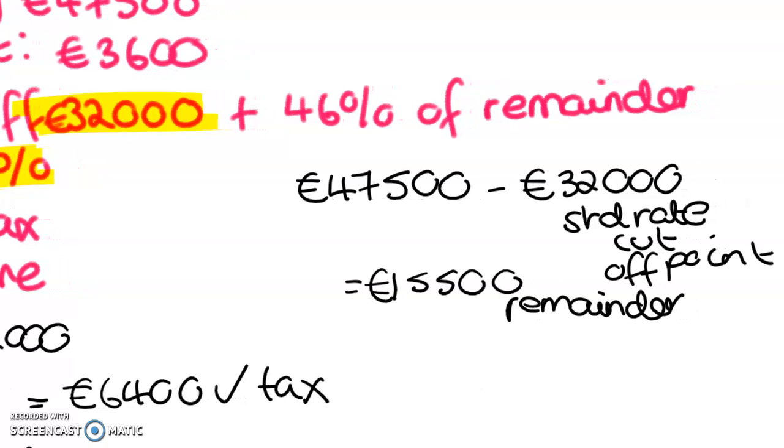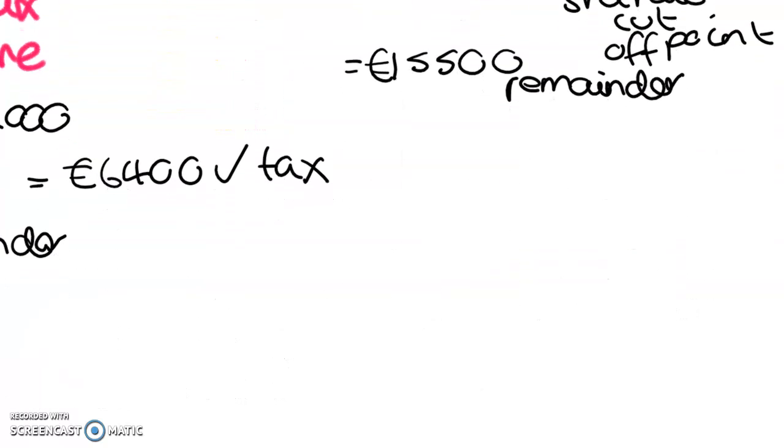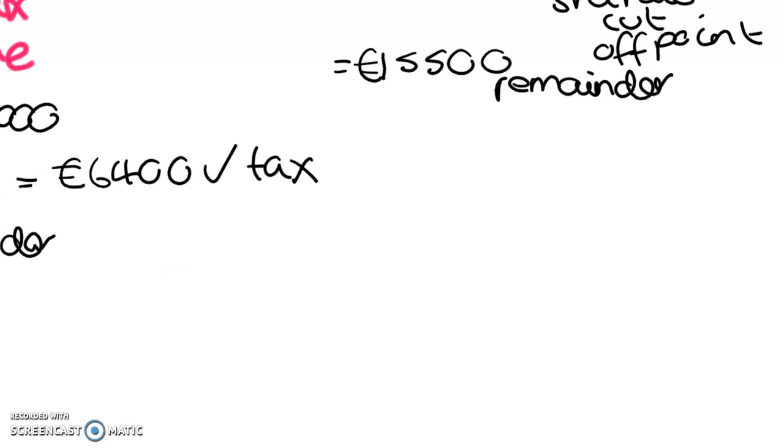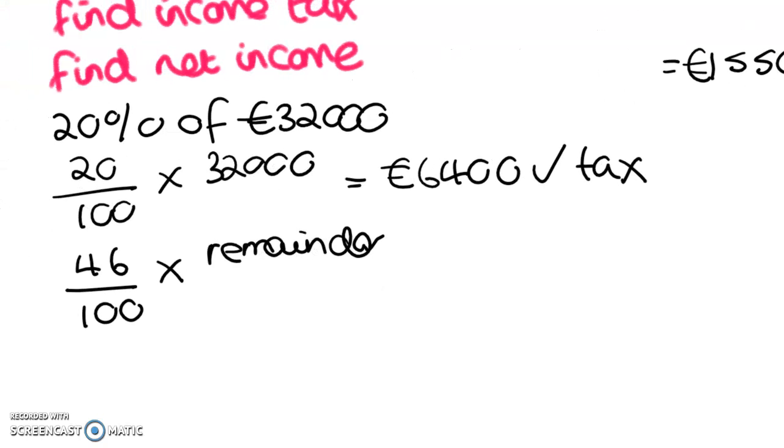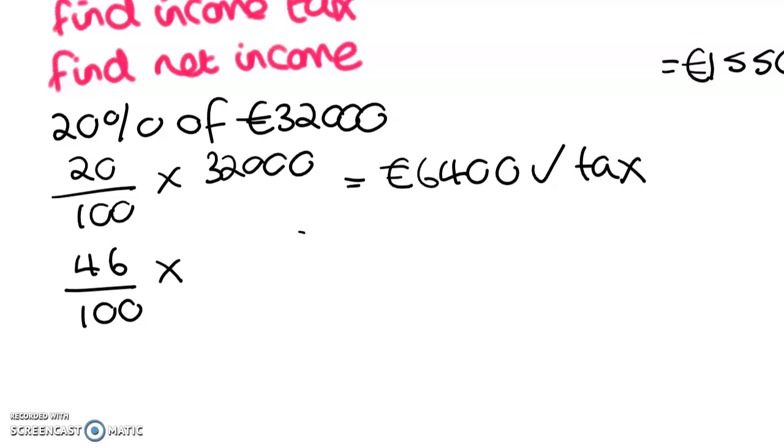Sorry, I hope you can see it there. So then I'm going to get 46% of the remainder. So my remainder now is 15,500. That gives 7,130.